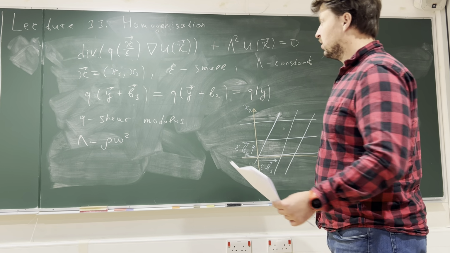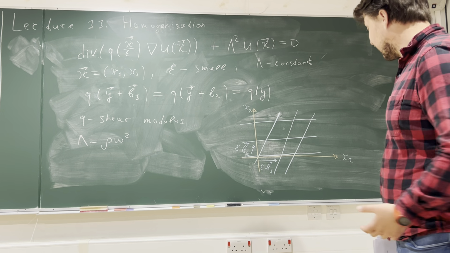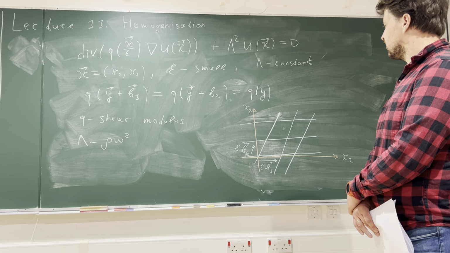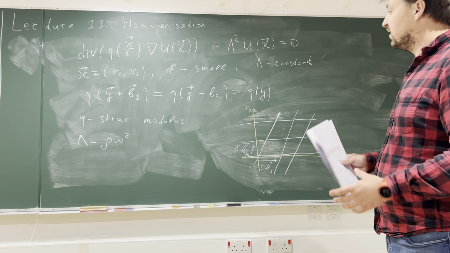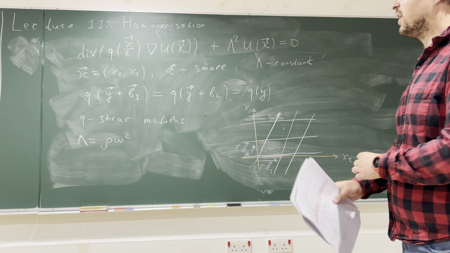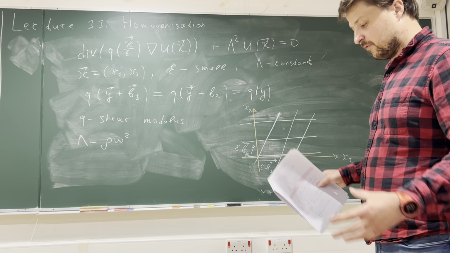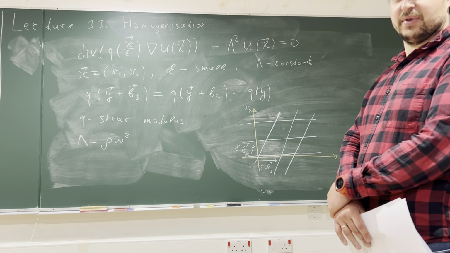So you will need a lot of finite elements. And then a person says, okay, let's consider long waves, and then probably we can somehow average the properties of these materials, and then we can have much bigger finite elements.